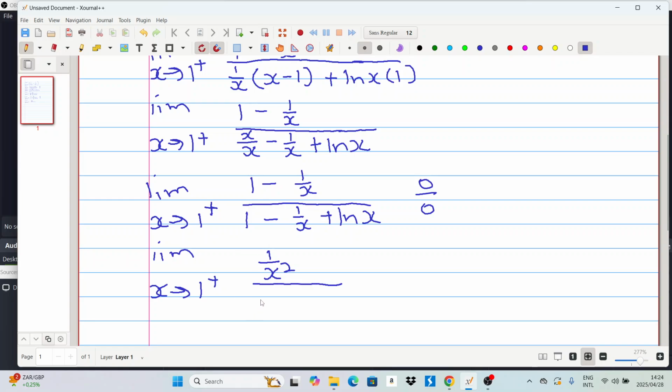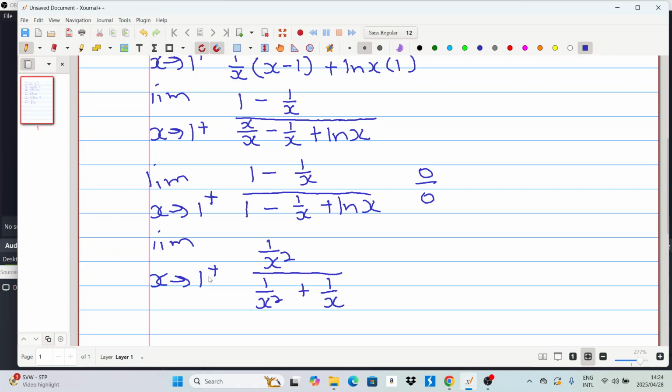Then in the bottom, we have 1 over x squared for this part. And then the derivative of ln x is going to be plus 1 over x. And then we'll try to substitute 1 now.